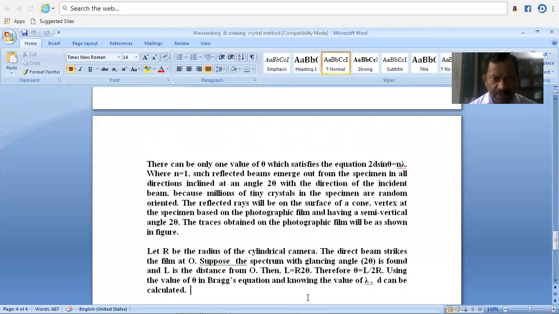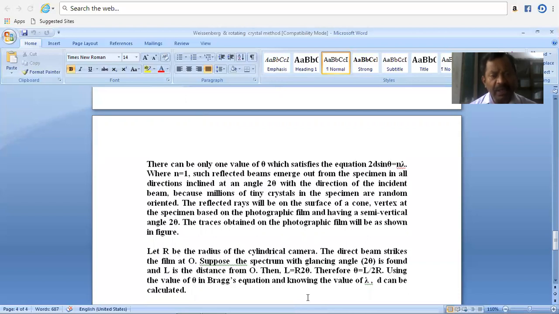With that capsule, we pass X-rays. The diffraction patterns at 0 degree, 90 degree, 180 degree diffractions will take place. And here the diffraction spectrum or the spots will be seen in the form of an arc. That is the difference between single crystal and powder diffraction.